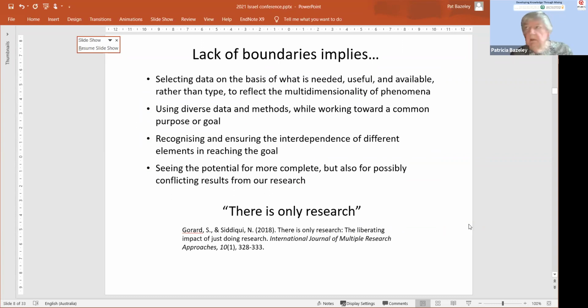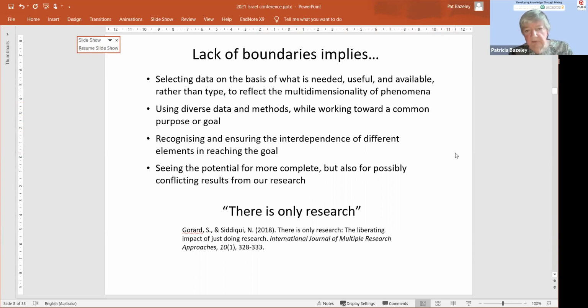So if I'm wanting to study something and set up a project, I'm going to be looking for what kind of data can I use to answer the questions that I'm asking, and what kind of data can I actually get hold of? What data is accessible? And these different data will reflect the multidimensionality of the phenomenon that I'm studying.